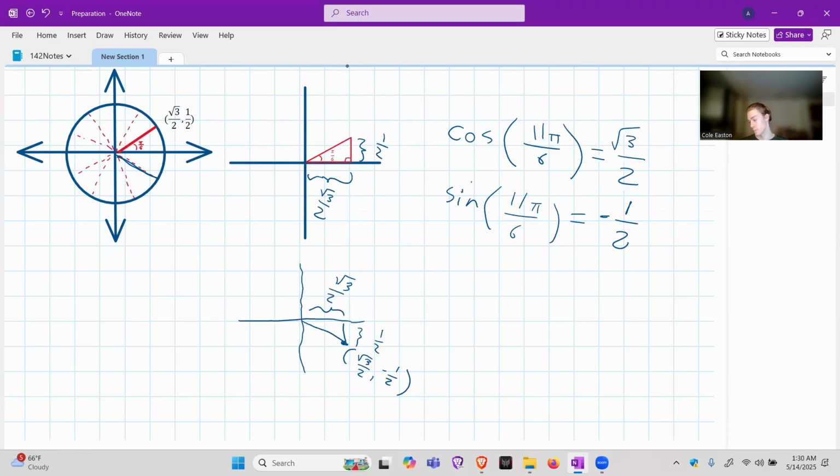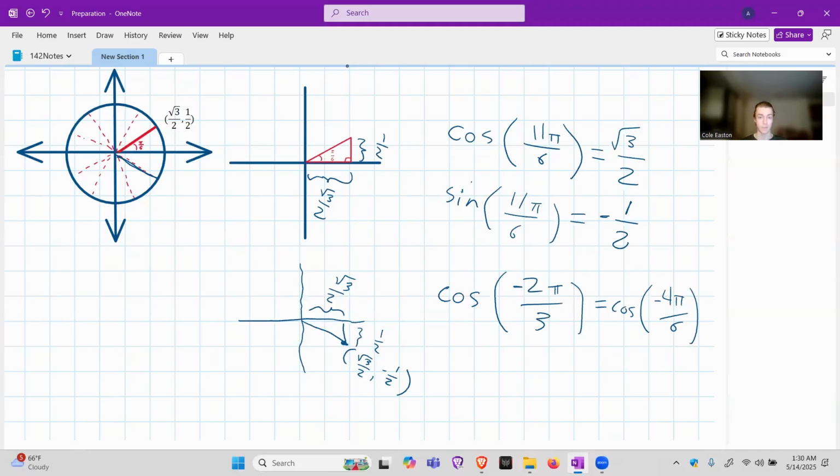Let's do one more. Let's try cosine of, let's actually do this. Let's do cosine of negative 2 pi over 3. And we want to turn that into sixths. So that's cosine of negative 4 pi over 6.